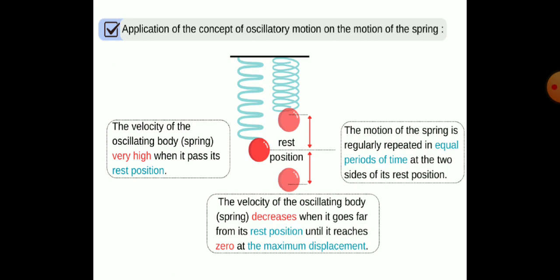And what about the maximum displacement? The velocity of the oscillating body decreases when it goes far from its rest position until it reaches zero at the maximum displacement. And the velocity of the oscillating body is very high when it passes its rest position.